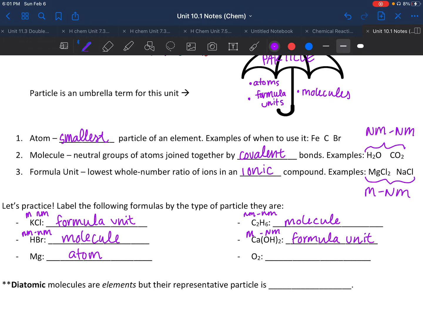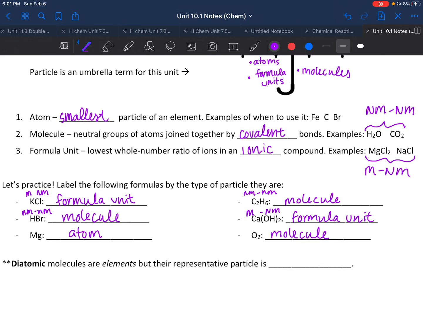You may be tempted to say atom, because it's just a single element. But the simple 2 here is saying we actually have two oxygens there. So we would throw this under our covalent bonding and therefore call it a molecule. So diatomics are molecules, not elements, all right? Making note of that here: again, diatomics are molecules.